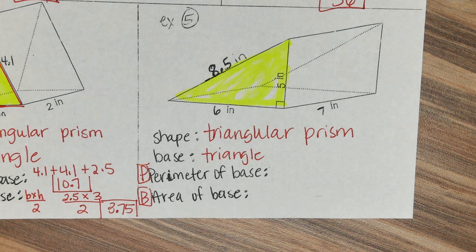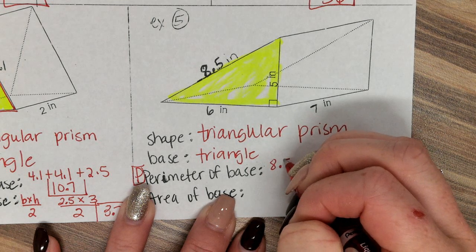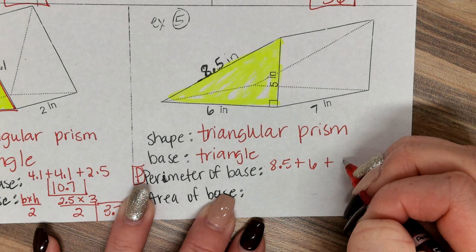Everybody should be finding the perimeter of the base. If you can't add 3 sides, we've got a problem. All right, what 3 numbers did you add? 8.5 plus 6 plus 5.